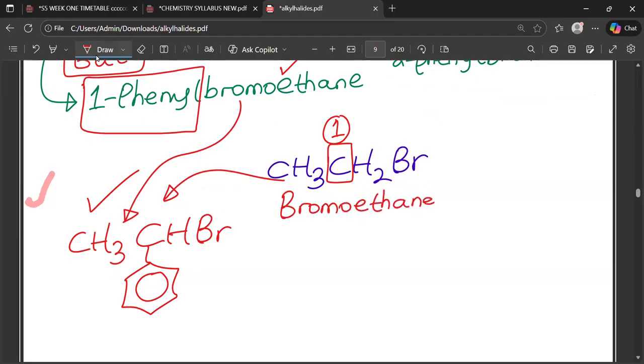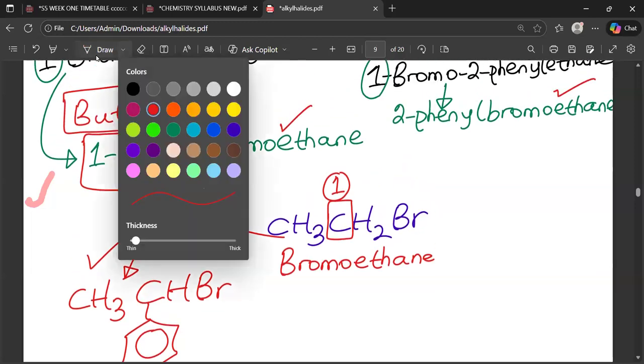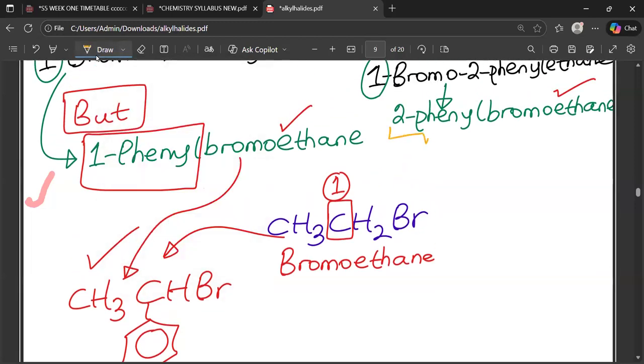I'm listening. So when someone tells you 2 phenyl bromoethane, you ask yourself, where is my bromoethane? It is here. Where is carbon number 2? Carbon number 2 is here. This carbon is the one having the Br and my carbon number 2 is this by default.